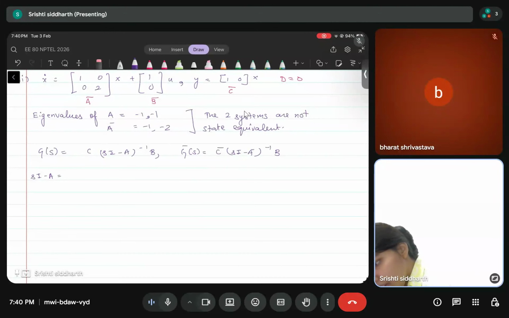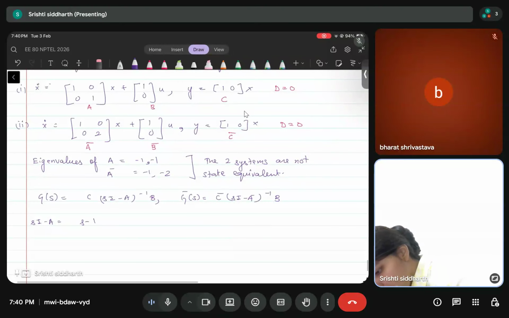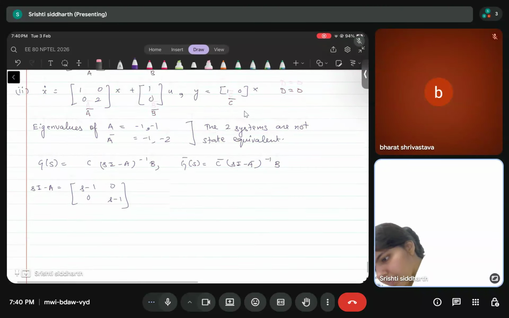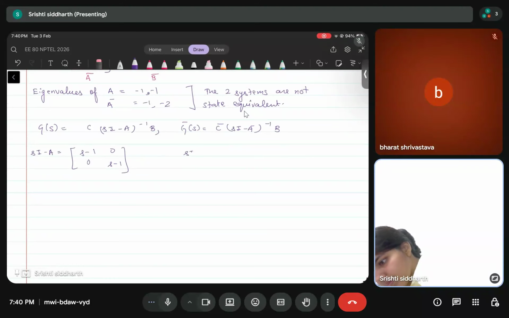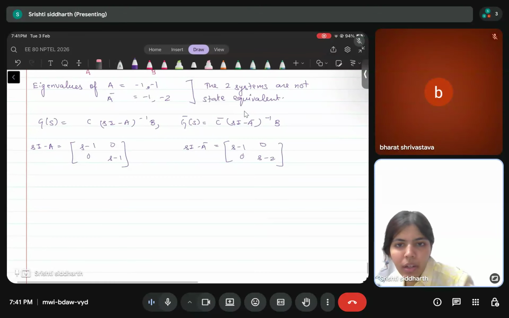sI minus A is a 2 by 2 matrix. It's simple to calculate the inverse, right?